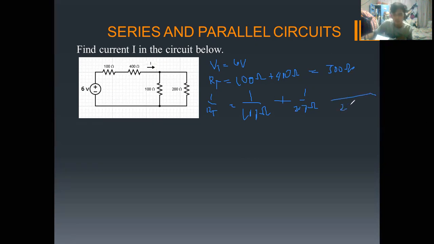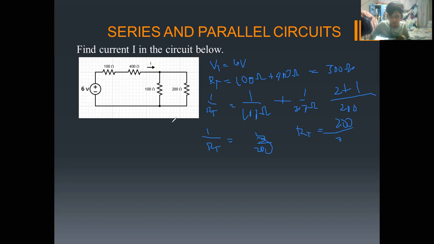Meron tayong 200 divided by 1. Meron tayong 2 plus 1. 1 over RT is equal to 3 over 200. Reciprocal niya, RT is equal to 200 over 3.